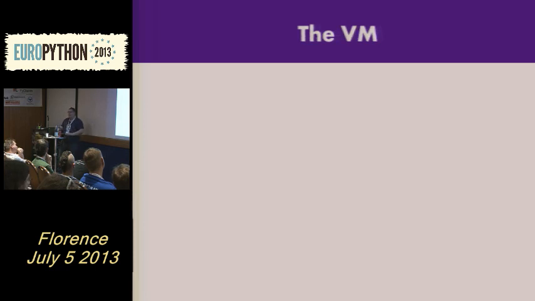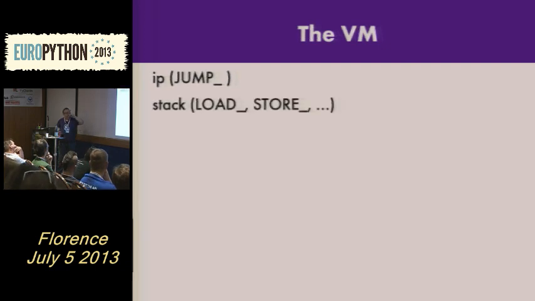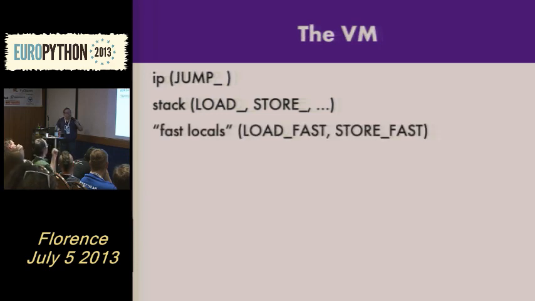There are 3 things that you really need to care about when you're talking about the Python runtime as a Python programmer. There's the instruction pointer, which you can manipulate through jump instructions. There's the stack, which you manipulate through load and store. And there's what I call the fast locals array, which you manipulate specifically through load fast and store fast. I'm going to show you the stack in a minute, but I just wanted to talk about fast locals. Fast locals is a list.